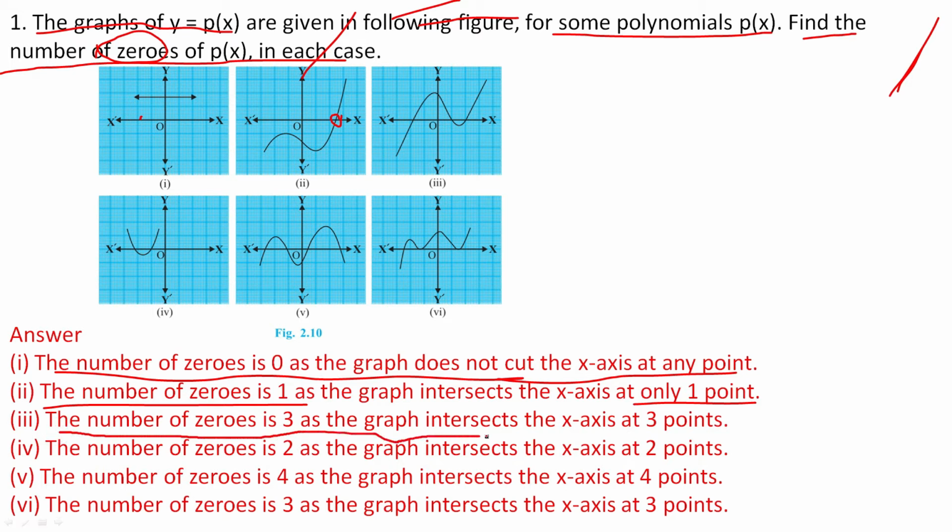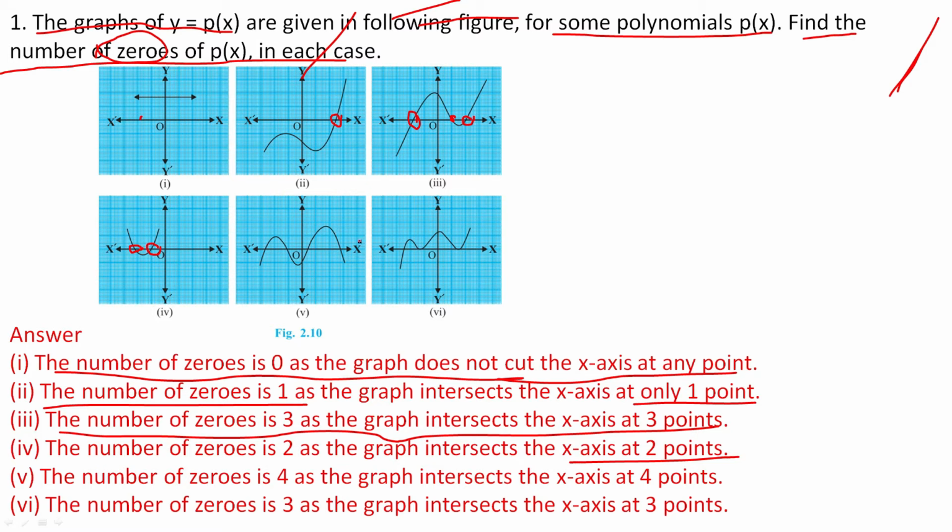The graph intersects the x-axis at 3 points: this is the first, this is the second point, this is the third point. In the fourth case, it intersects at only 2 points, 1 and 2. So the graph intersects the x-axis at 2 points.